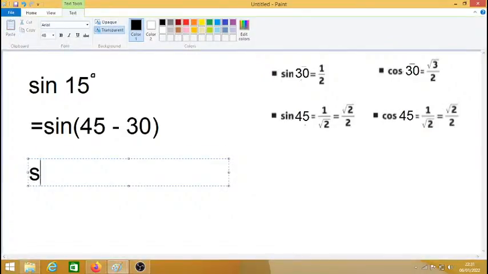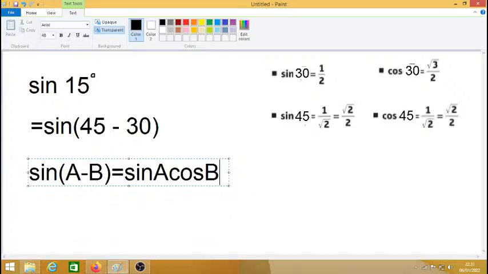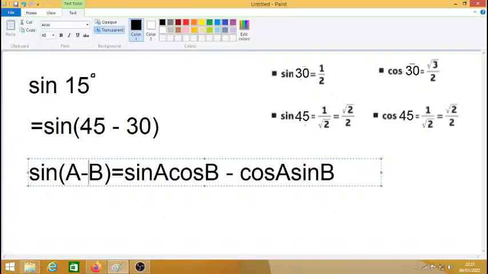We had sine A minus B is equal to sine A cos B, and then we keep the sign the same, so it's still a minus in between. And it's the opposite now, so sine B cos A, or most textbooks will have cos A sine B. So let's put the 45 and the 15 in.